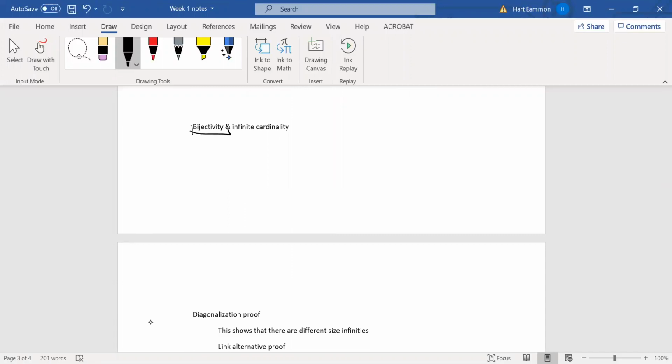So bijectivity, if I have 1, 2, 3. This guy right here would be a bijective function because every single element in the codomain is covered.